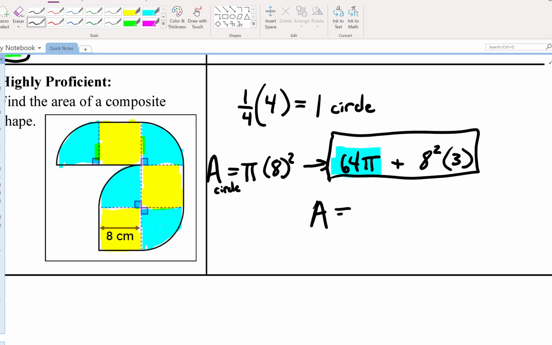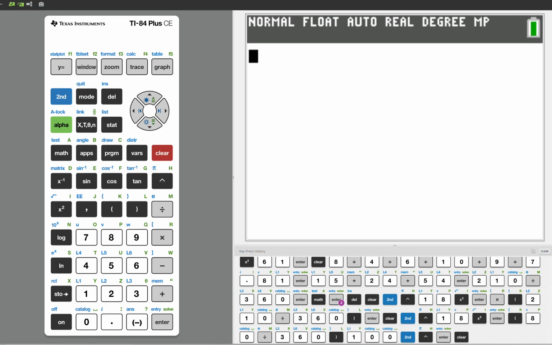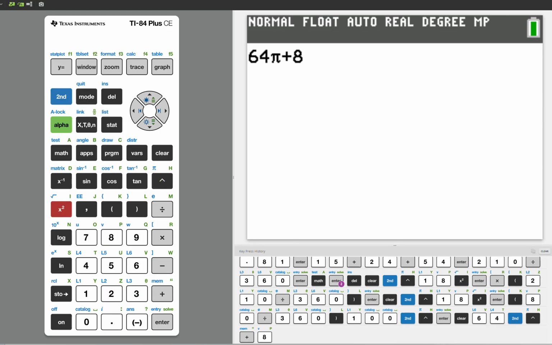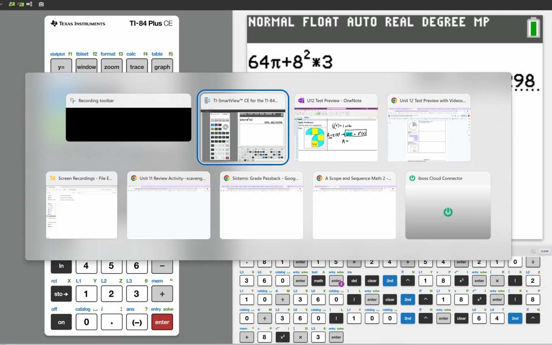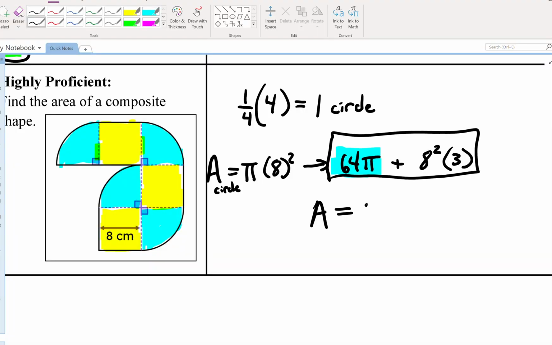So the area of this thing here is 64 times pi plus 8 squared times 3, and that gives us 393.06 centimeters squared, or square centimeters.